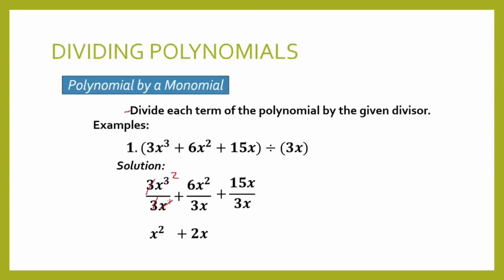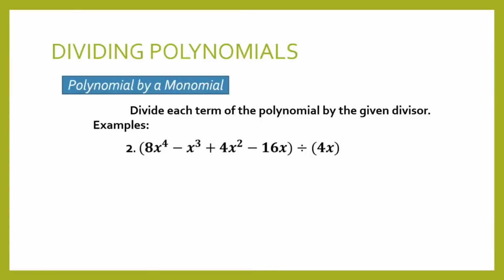For the second term, 6 divided by 3 is equal to 2. So we have there 2. And x squared divided by x is equal to x raised to 1, or simply x. And for the third term, 15 divided by 3 is equal to 5, and x will be cancelled. So that is our final answer for example number 1.